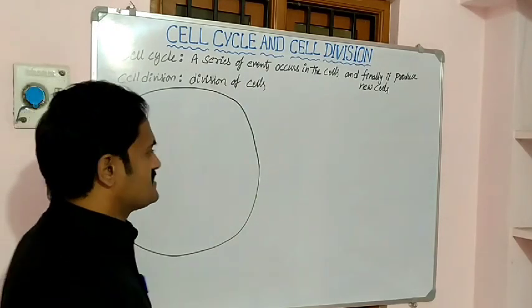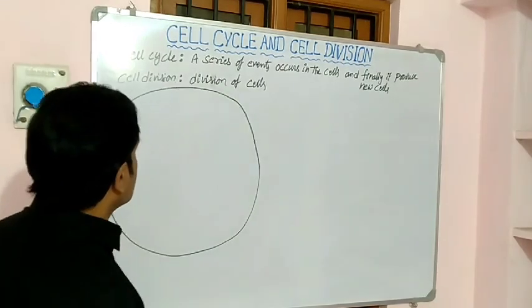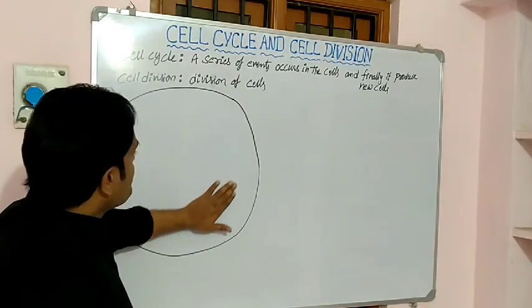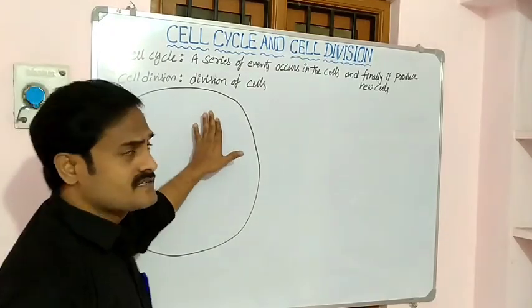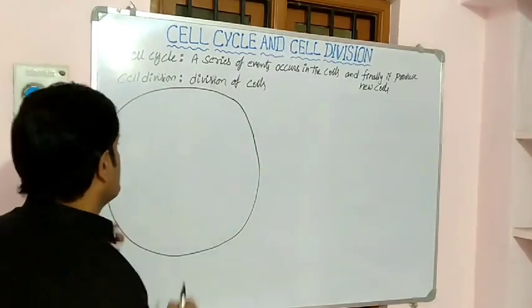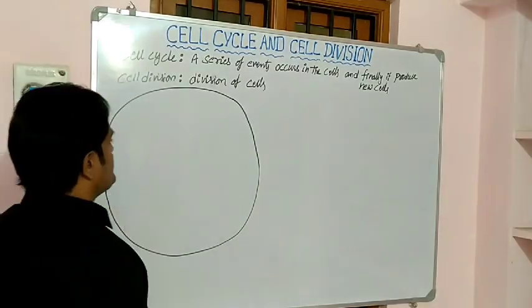First, suppose this is one cell, the cell which is participating in the cell cycle. It is one cycle in the cell.